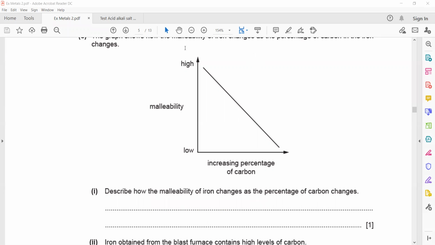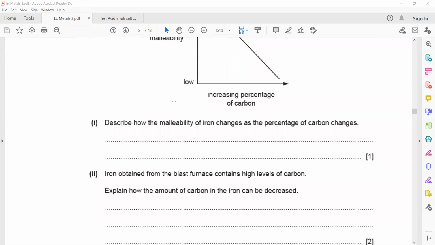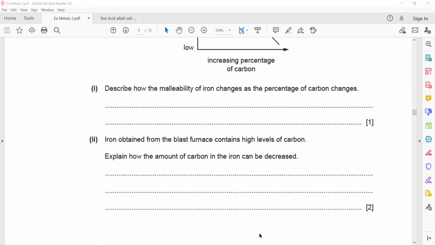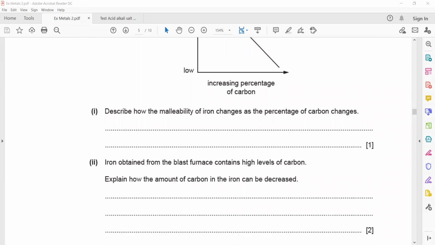Then in the next question, they ask: iron obtained from a blast furnace contains high levels of carbon. Explain how the amount of carbon in the iron can be decreased. So how can we decrease it? Basically, it's molten iron we use. It's the method from iron to steel. We blow oxygen in, because the oxygen reacts with carbon and forms carbon dioxide.